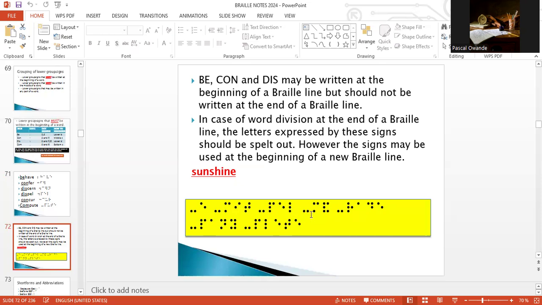Com again, then M, then the contraction of and: command. Then com again, R-A-D-E: comrade. Then com again, letter P-A-N-Y: company. Then the last word here is complete.